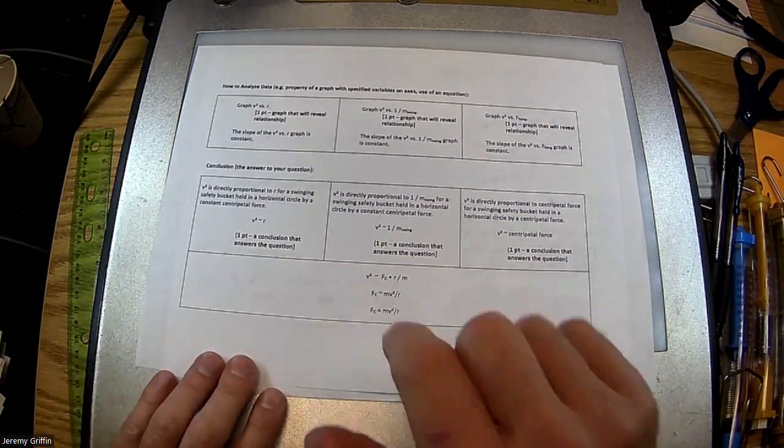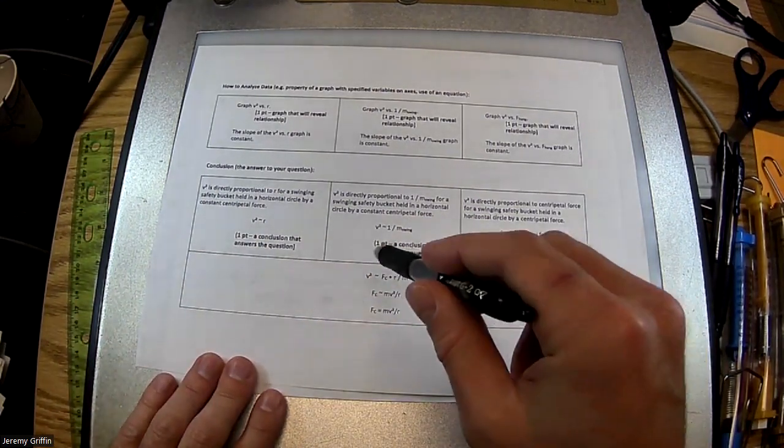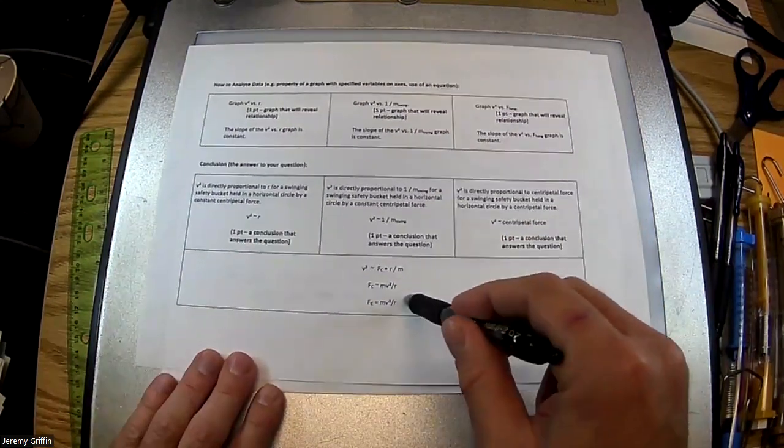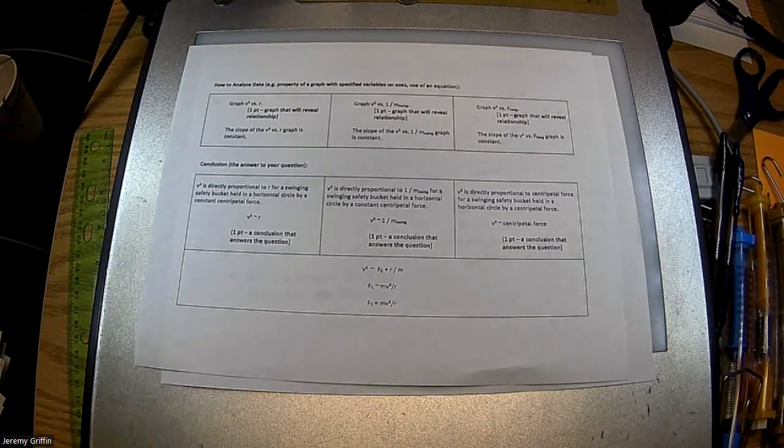Then you can get v squared is proportional to force times radius divided by mass. Then rearrange that, and you get force is mv squared over r. Well, a proportionality, but it turns out it actually is equal also. Right? So you guys figured out centripetal force is mv squared over r. Right?